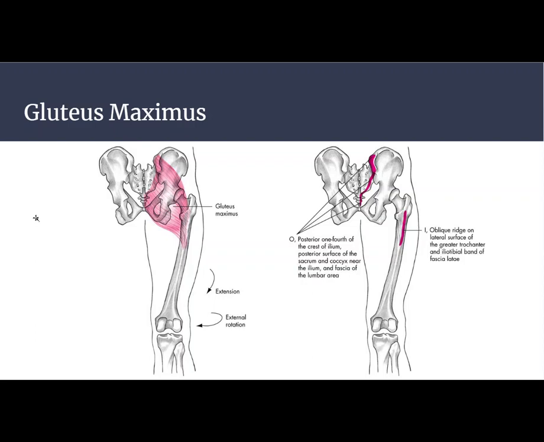So the gluteus maximus, as I mentioned in a previous video, goes from the iliac crest to the sacrum to the coccyx and inserts into the gluteal crest. And it also goes into the IT band.